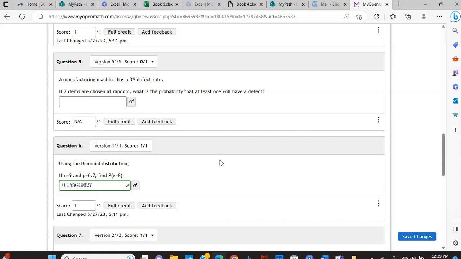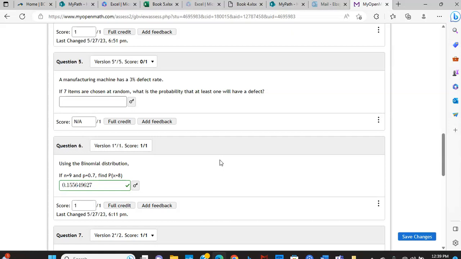Now the problem is that when we put a 1 into Excel, it's really going to give us the probability of 0 or 1, not the probability of 1, 2, 3, 4, 5, 6, 7 all added together. Instead, let's use the complement. The complement of having at least one defect would be to have no defects at all.